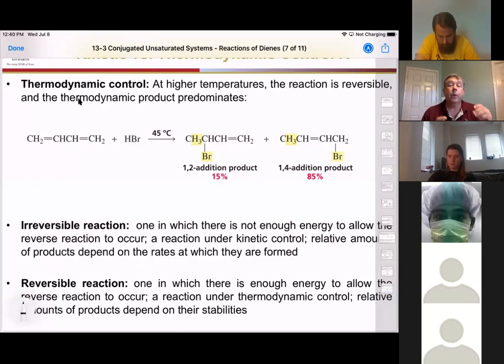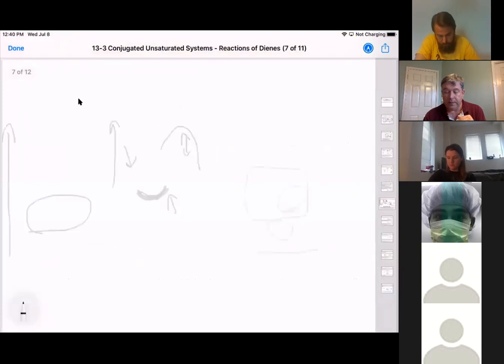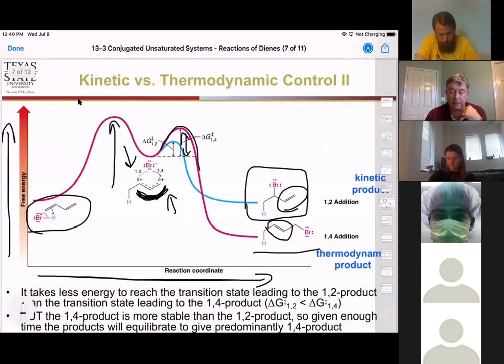So in an irreversible reaction, you don't have enough energy to go back up that energy barrier. So in the irreversible reaction, we don't have enough energy to get back to this intermediate here, and we stay at that energy barrier.